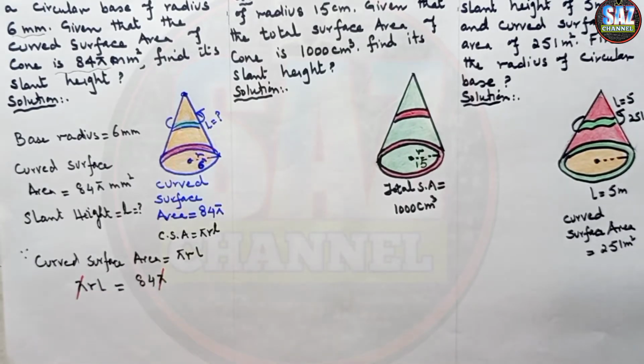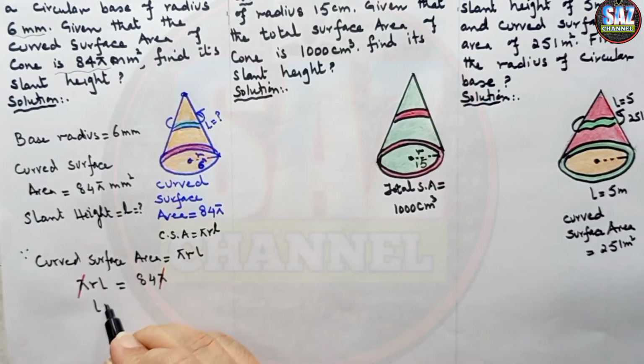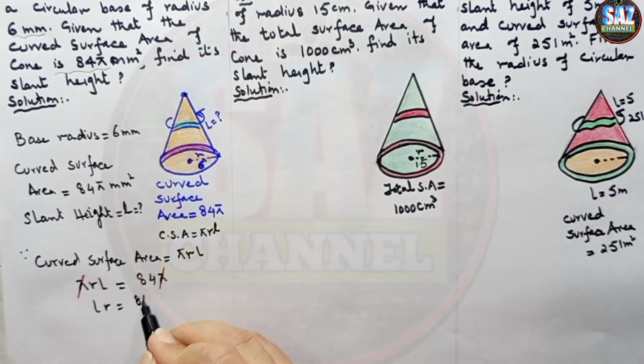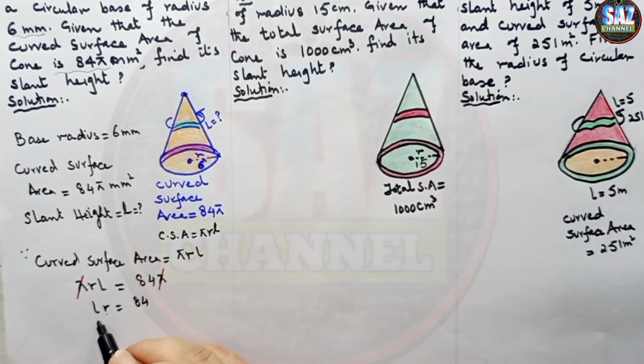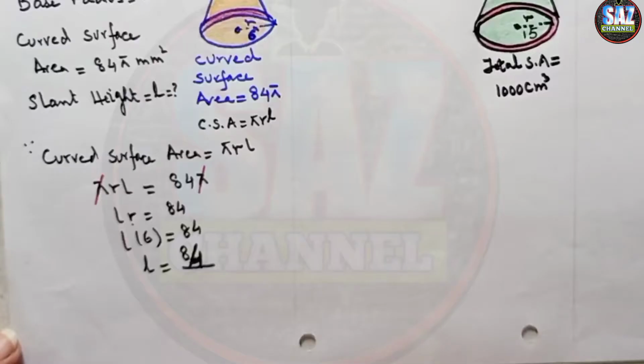I always ask my students to make the calculation easy, and I'm left with l times r equals 84. r has the value given in the question, which is 6. So 6l equals 84, or l equals 84 by 6.